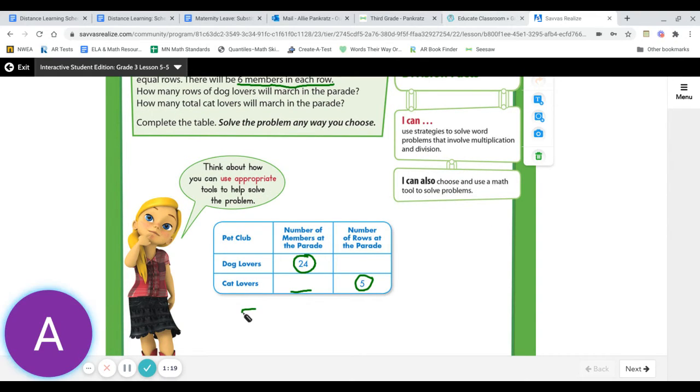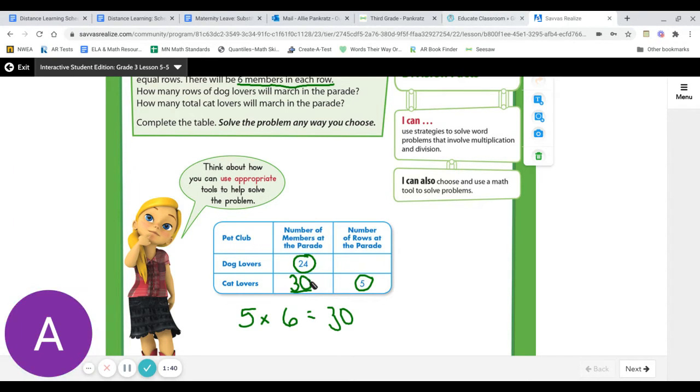So I can think about if I have 5 rows, I know I'll have 6 in each row. I know 5 times 6, I can think 5, 10, 15, 20, 25, 30. So I know there will be 30 cat lovers altogether. So that solves part of our problem. So we can write 30 here.